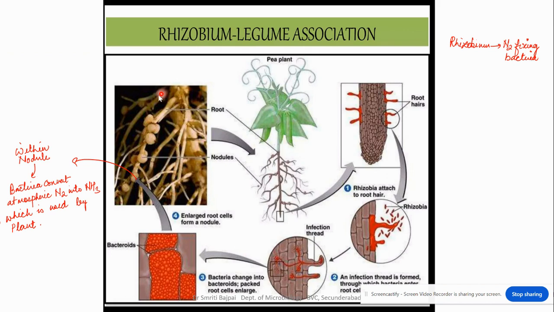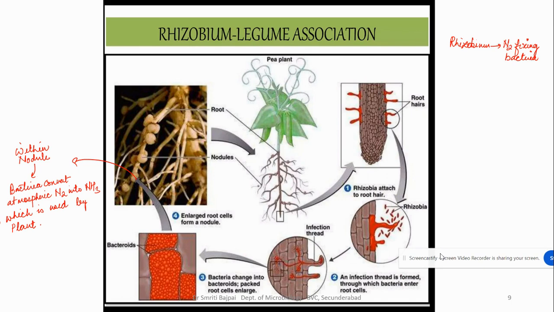Firstly, we will see the rhizobia legume association. We know that rhizobium is a nitrogen fixing bacterium, present and attached to the roots of the leguminous plant. Once they attach, an infection thread is formed through which the bacteria enter the root cell, and then they form the bacteroid. After the bacteroid formation, the enlarged root cell forms the nodule.